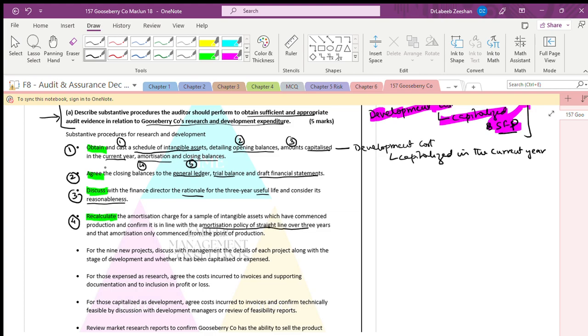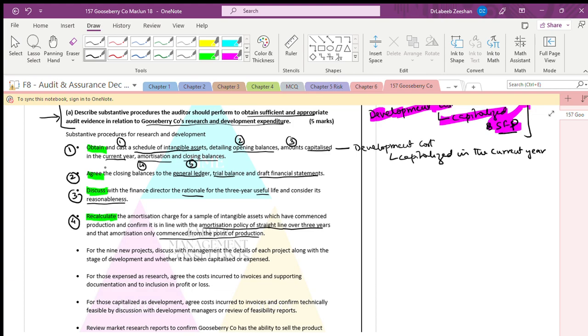Whether they are writing down the value of intangible assets as per the policy that has been defined and framed by the company over a 3 year period, and amortization only commences from the point of production.